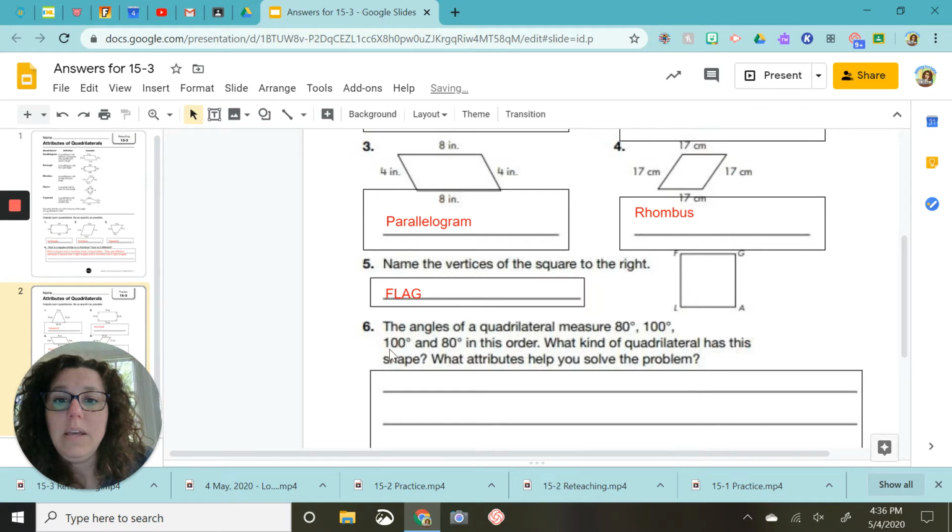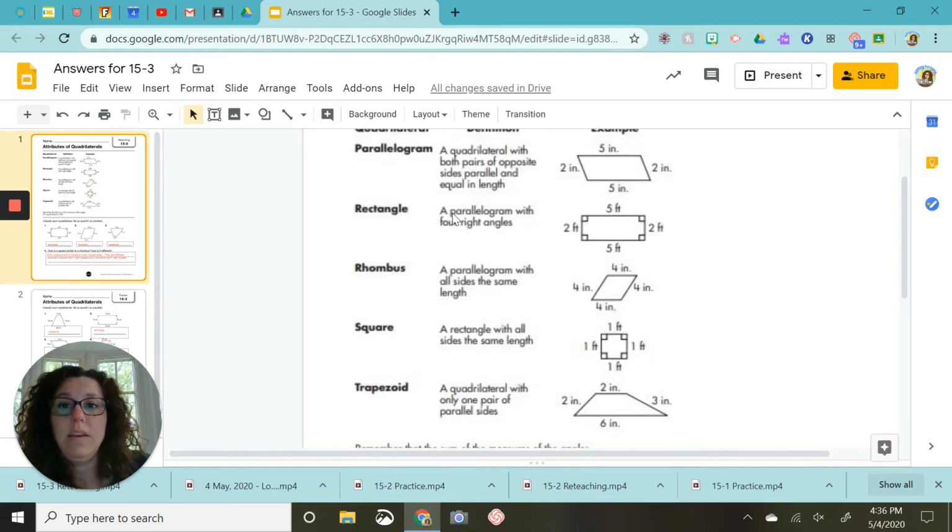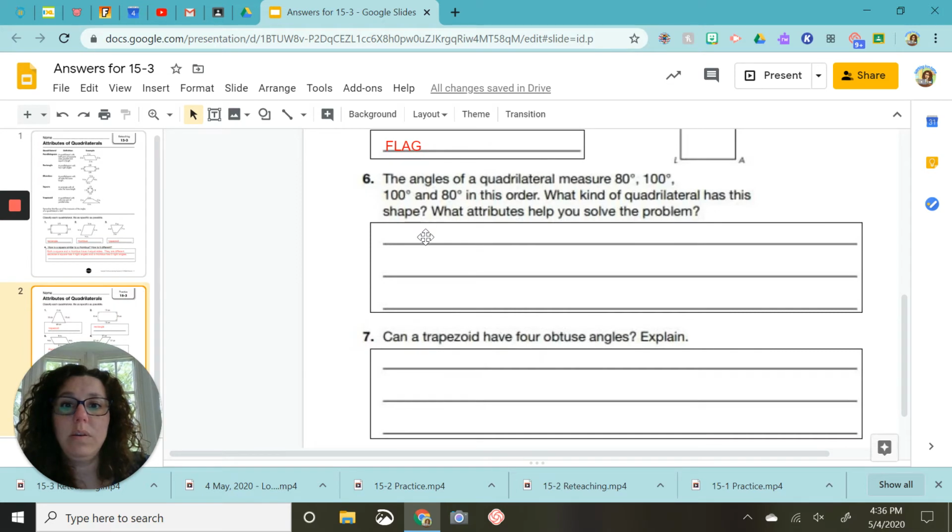All right. The angles of a quadrilateral measure 80 degrees, 100 degrees, 100 degrees, and 80 degrees. Okay, so automatically there's no 90s. That means it cannot be a rectangle or a square. Let's go back and see what else.